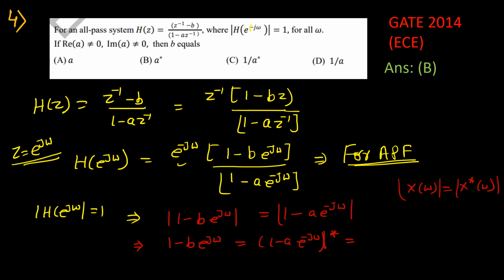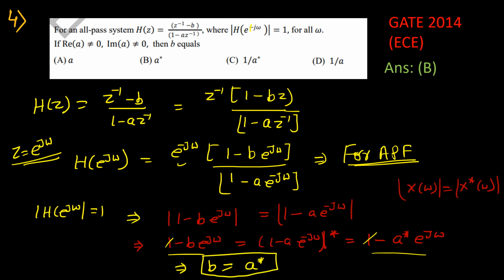If I take the conjugate of this one, what will we get? 1 will be 1, it is minus a star, and e to the power j omega. Now if you compare these two, the 1 can cancel out, the minus 1 cancels out, the j omega cancels out. So b equals a star. This is your relation, b equals a star. So the answer is b. Clear?